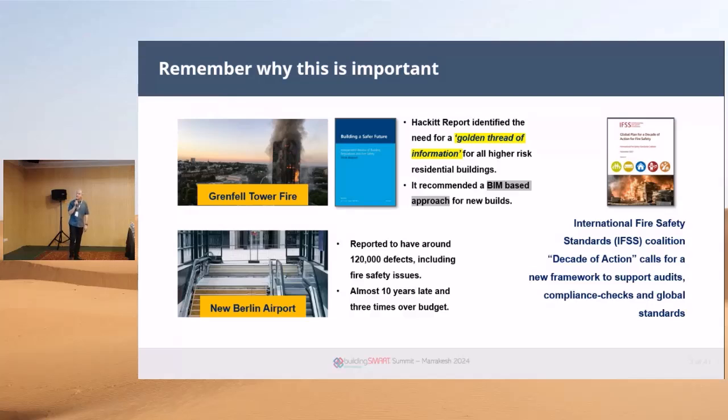And that new framework called for audits, compliance checks, and global standards, and some level of harmonization. Fire safety engineering as a profession is a fair way behind other professions in terms of adopting BIM as an integral part of the workflows generally.